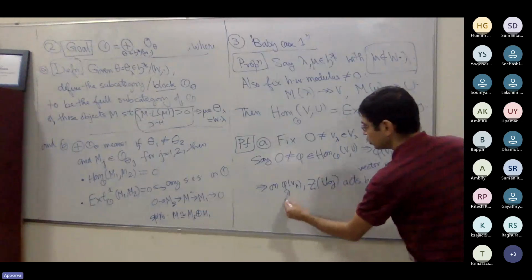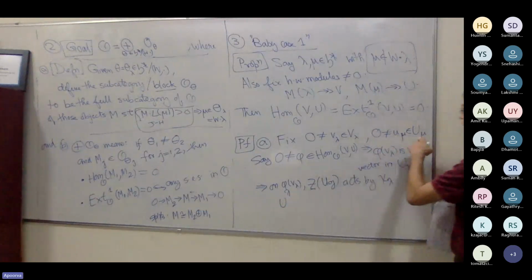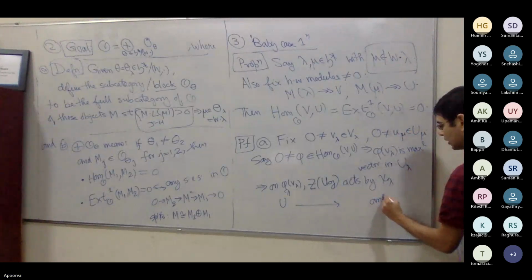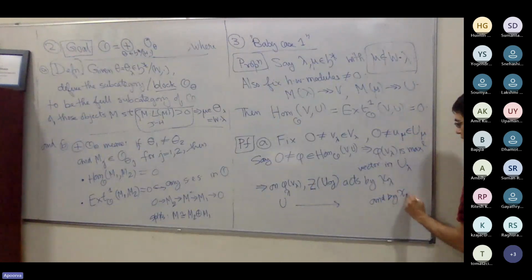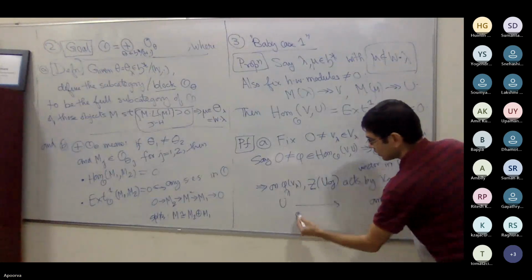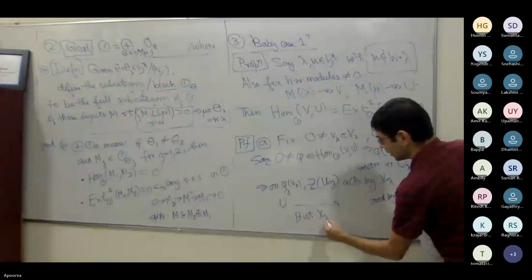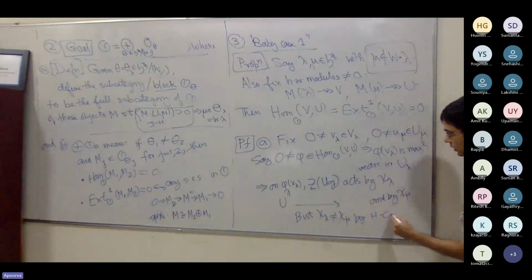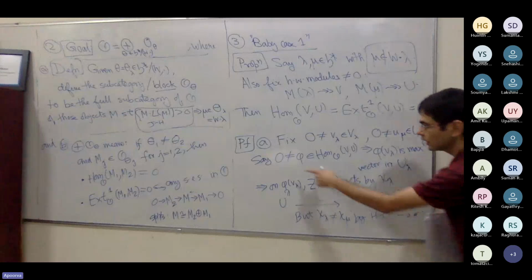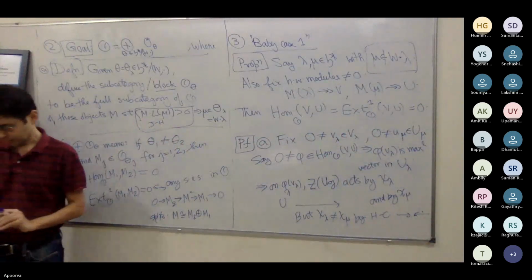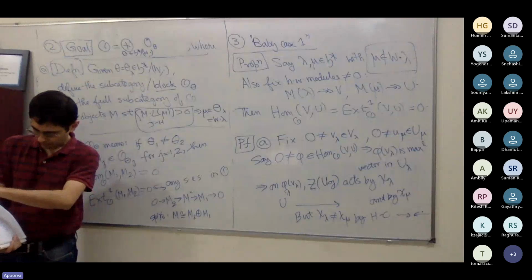But since this belongs to U, and U is a highest weight module of highest weight mu, this also acts by mu. But how can the center act by two distinct characters? By Harish-Chandra, so that's a contradiction. Certainly, non-zero maps cannot exist. Okay, fine.